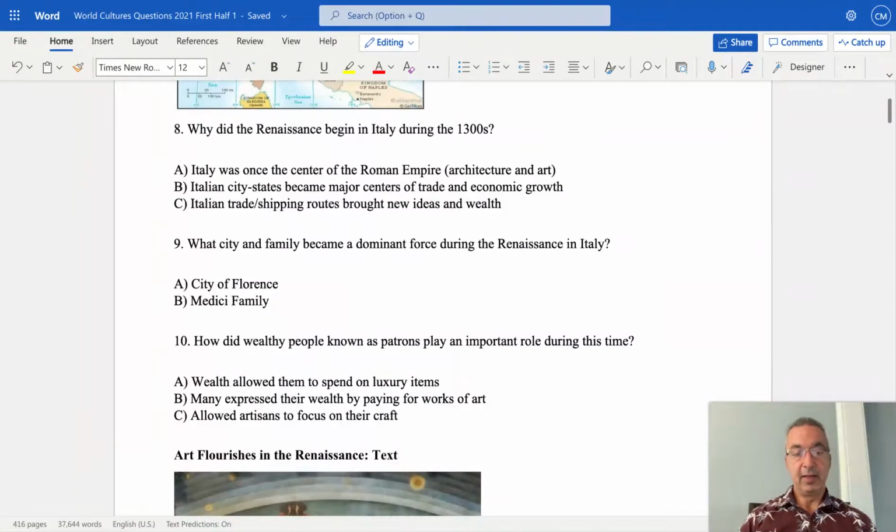So wealth allowed the patrons to spend money on luxury items. Many expressed their wealth by paying for works of art. This allowed artisans to focus on their craft.